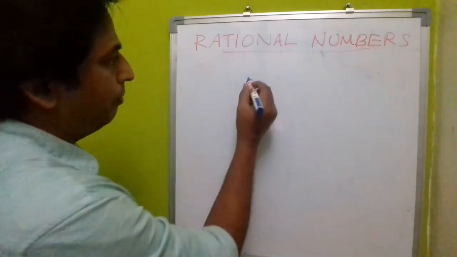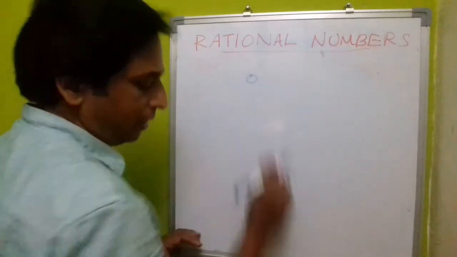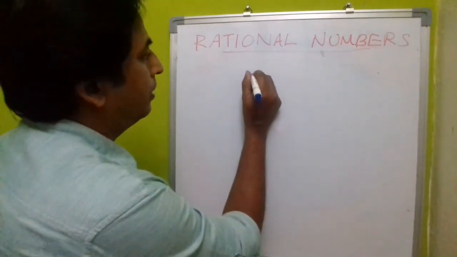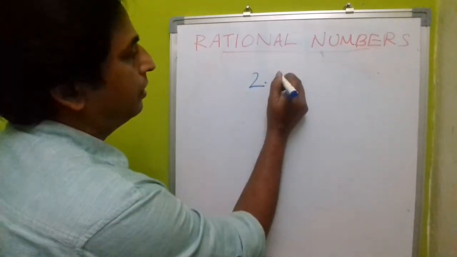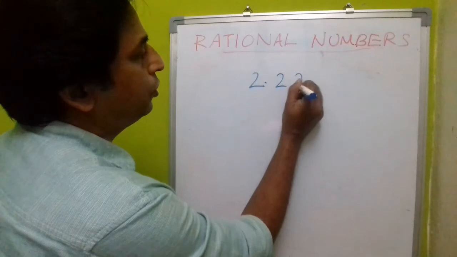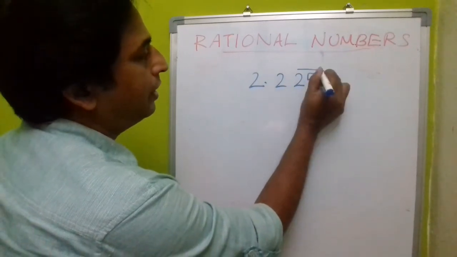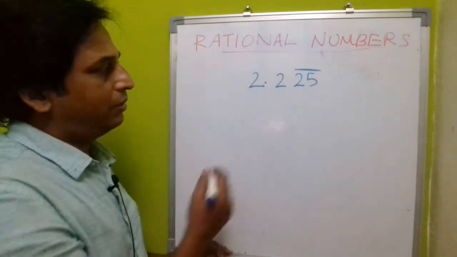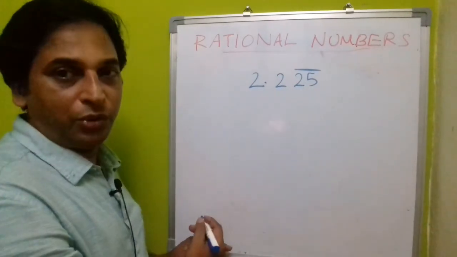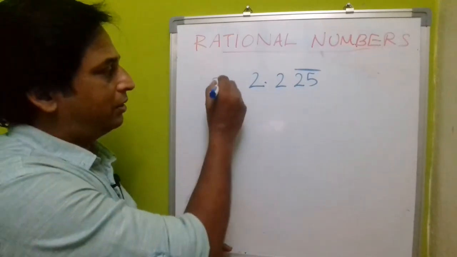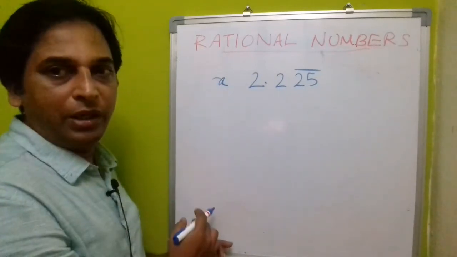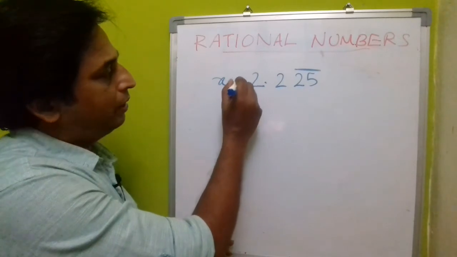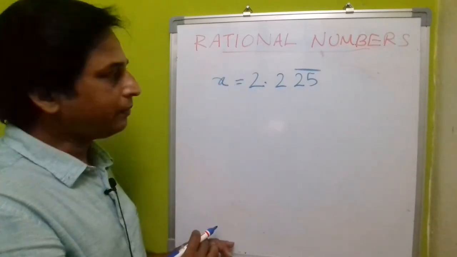So let us take one more example to make it more clear. Let us take a little different number, that is 2.225, and here only 25 is being repeated. In this case, what you need to do is in 2 steps. As we did in the previous number, we will keep it equal to x.